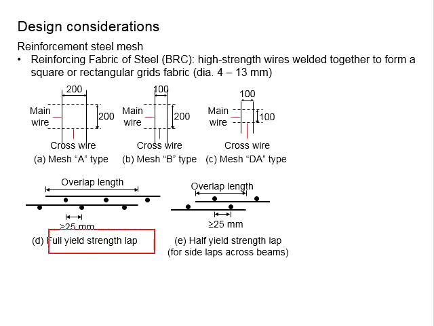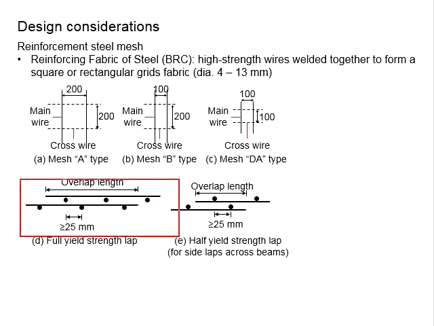The reason that it is full yield strength lapping is that you have an additional section here that will give you a slightly longer overlap length, and this normally happens when you need to lap the BRC where the reinforcement bar is subjected to tensile stress. You want the stress to be effectively transferred from one BRC to another.